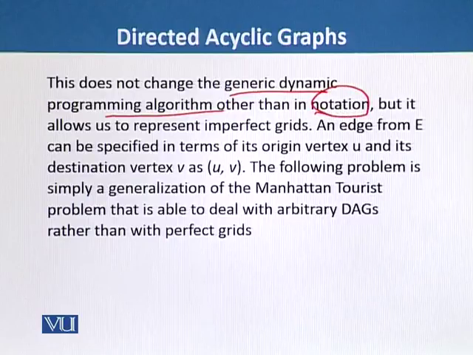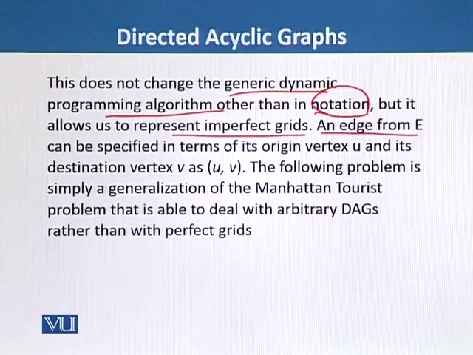Notation means the single integer, whereas in the Manhattan tourist problem we use the value in the form of a pair, but it allows us to represent imperfect grids. As we have seen, when the road crosses the grid, there will be imperfect blocks.